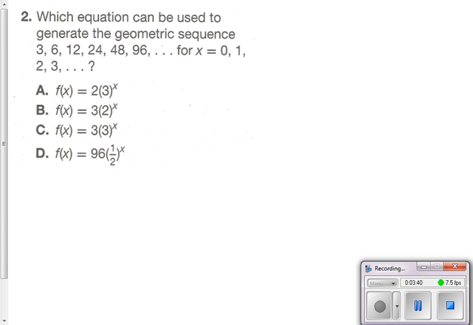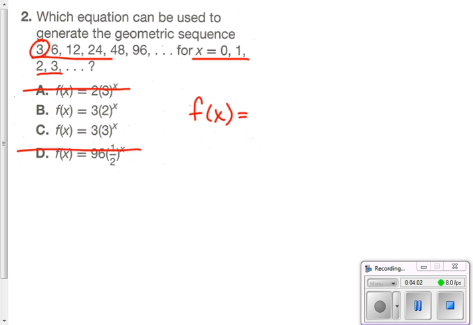Same in this example, it says which equation can be used to generate the geometric sequence. There's that sequence. It tells us that we're going to start with 0, 1, 2, 3. Well, remember when you write an equation here, we have f of x equals a. Our a term is the first term in the sequence, so that would be 3, which would rule out a and b. So we'd have 2 left to determine.